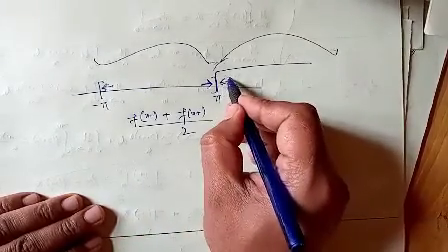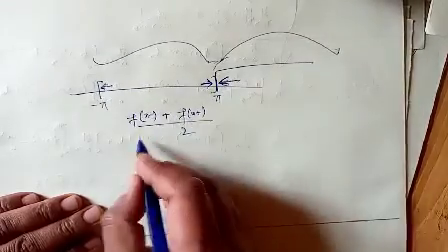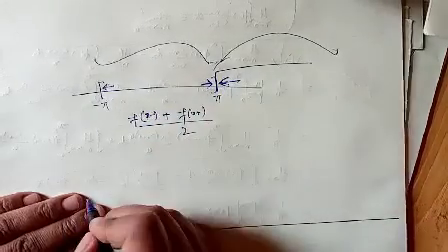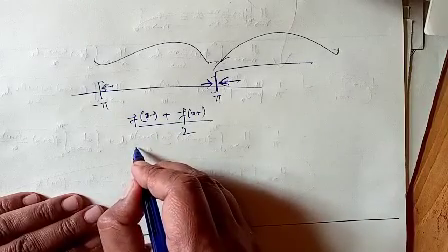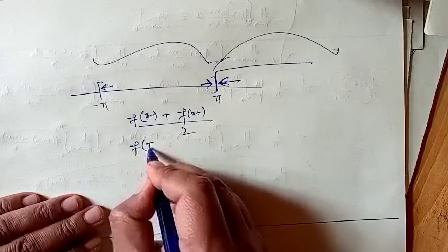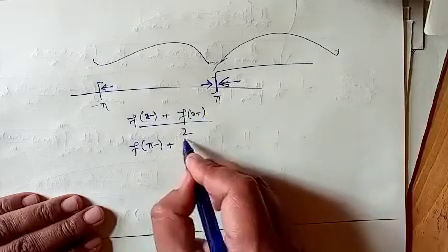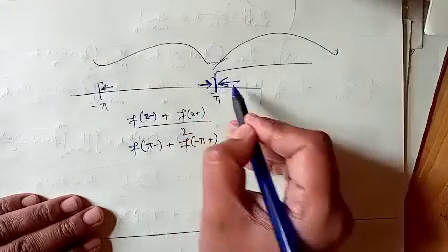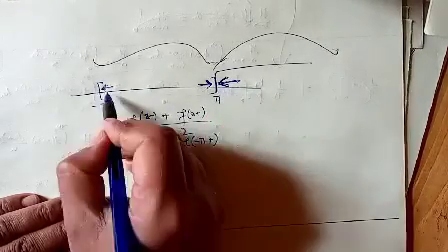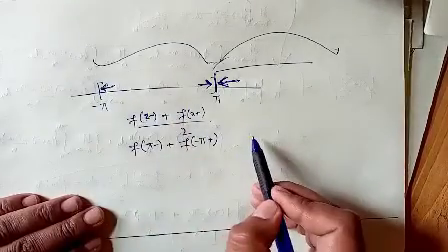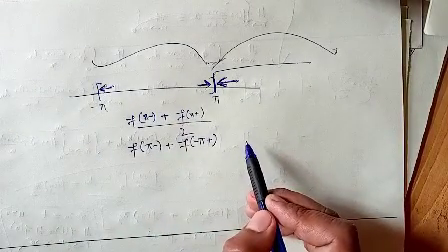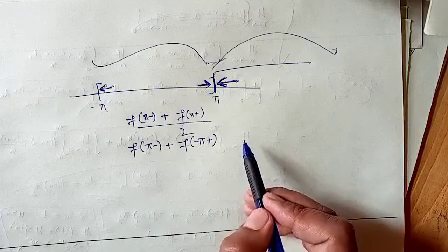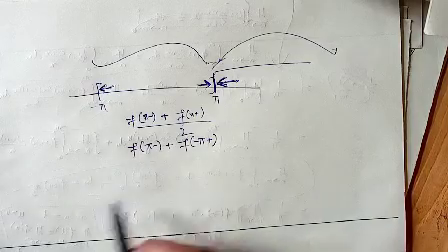But in the case of pi, we are approaching this pi from left, so you can write it as f of pi minus, that's okay, but this pi plus is the same thing as minus pi from right. Approaching minus pi from right is the same thing as approaching pi from right, because of the periodicity of the function.